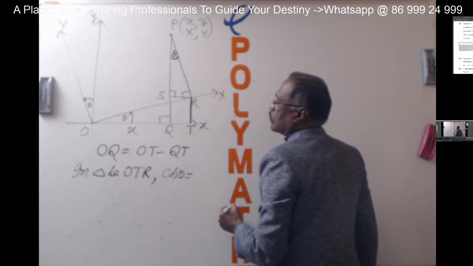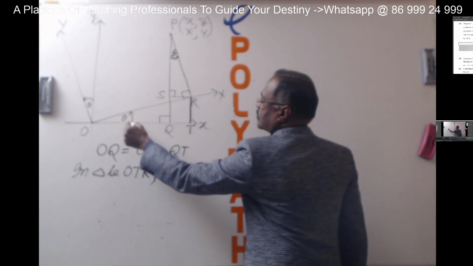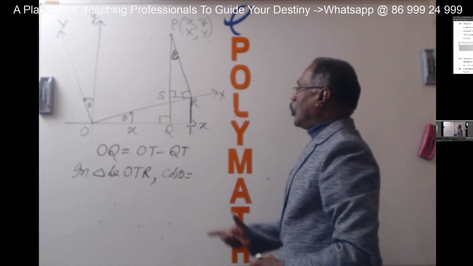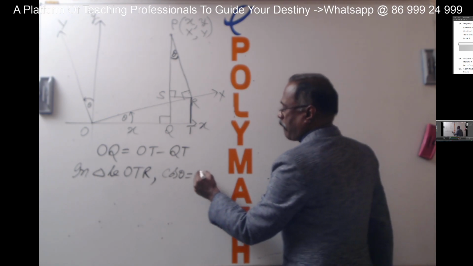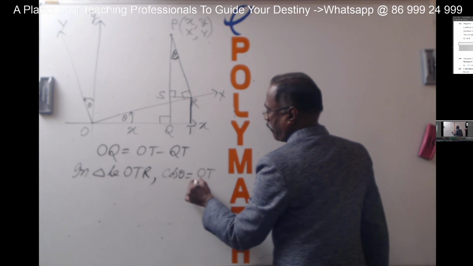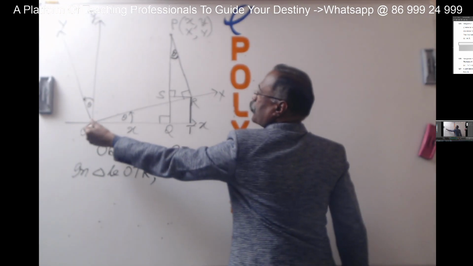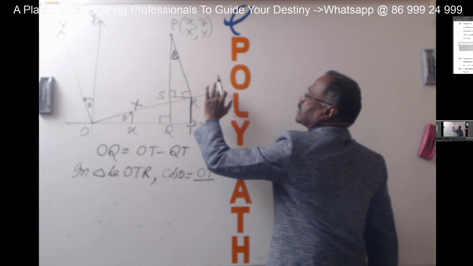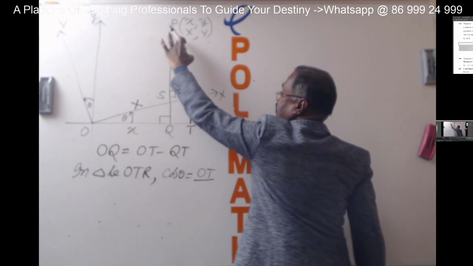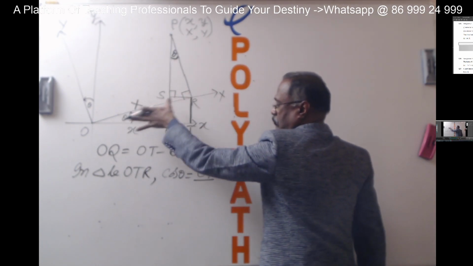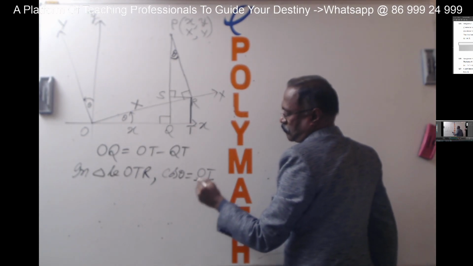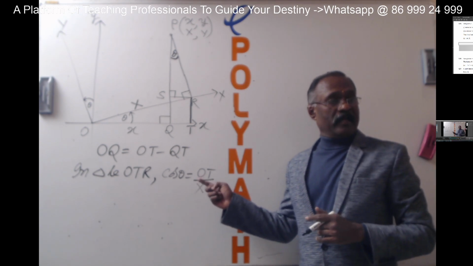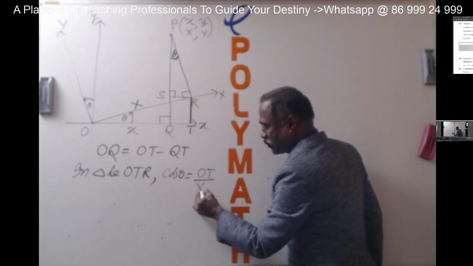Cos theta is equal to OT divided by OR, and you understand OR is nothing but capital X, on the new axis. Cos theta is OT by X.